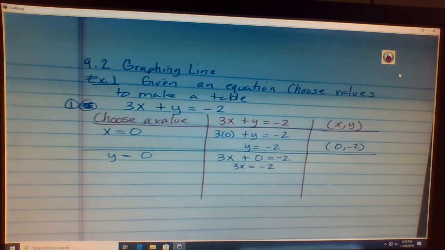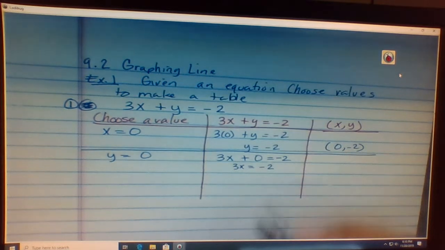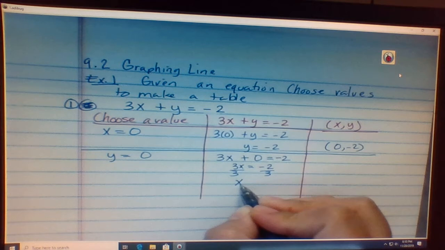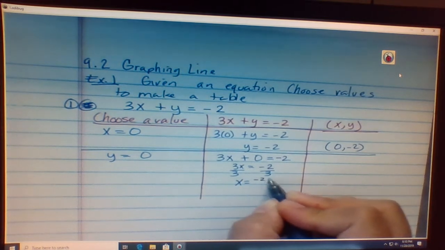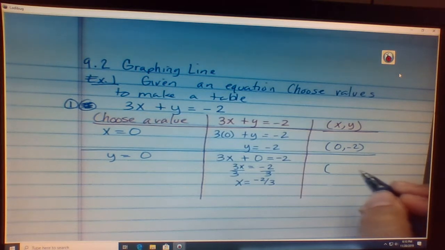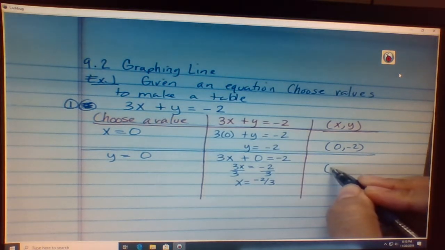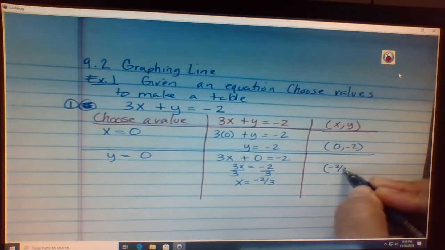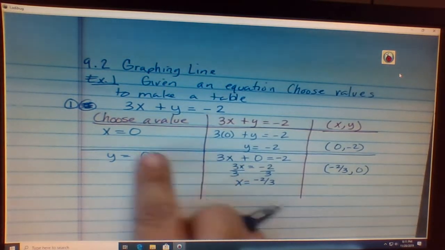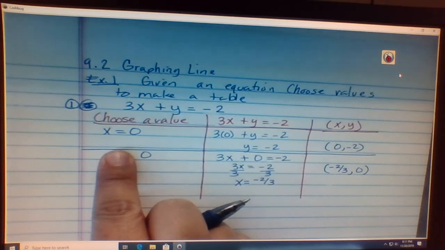So how do you solve for x? Divide by 3. And I get that x is -2/3. So this point is going to be (-2/3, 0), because this is your x and this is your y.